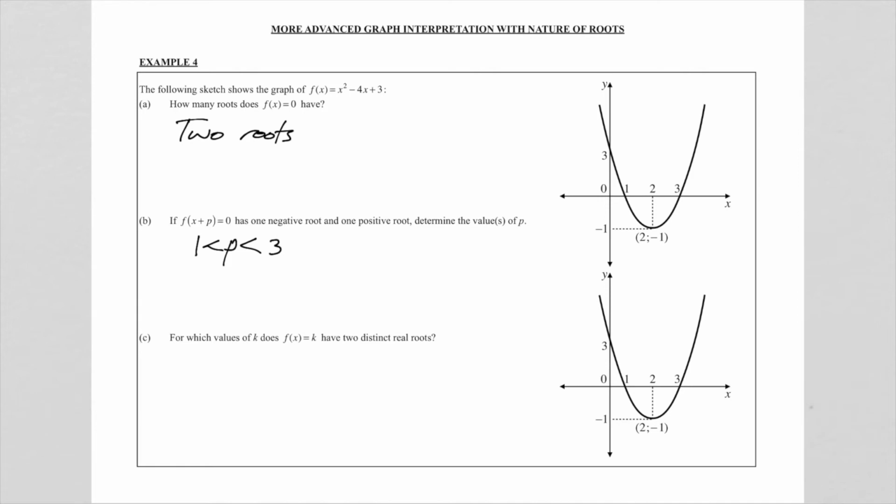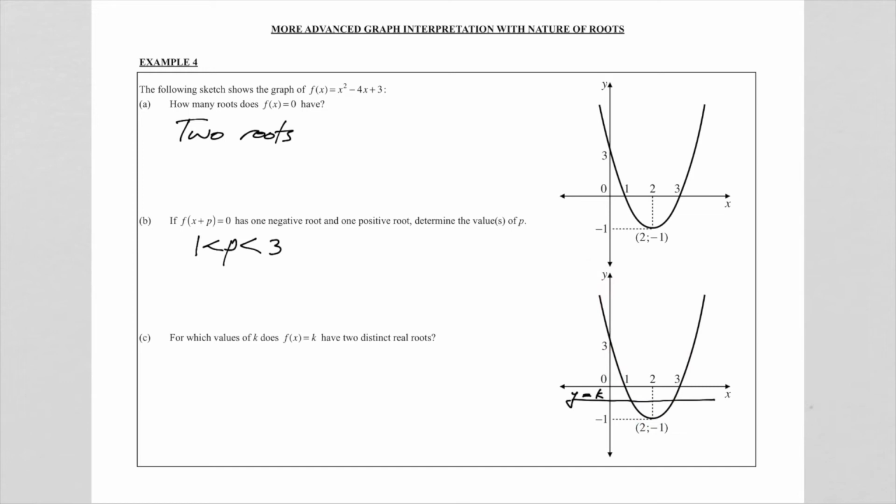So that horizontal line, we can draw it on this graph, and we call it then y = k, because it's a horizontal line that intersects the parabola.